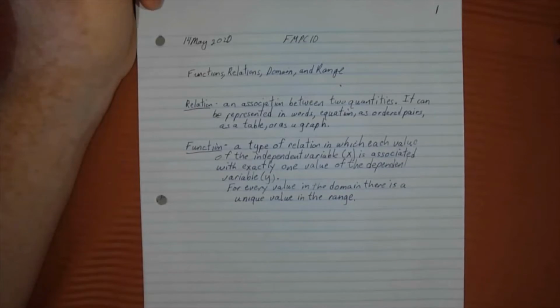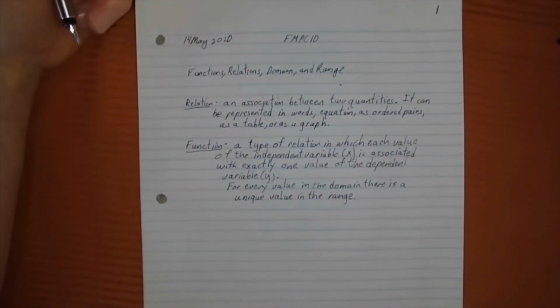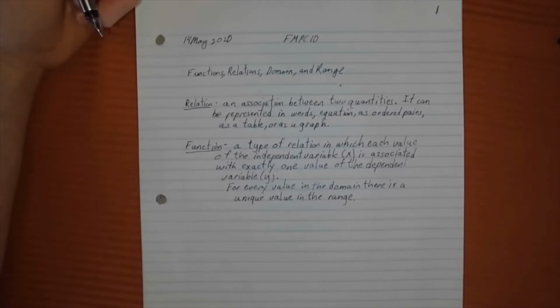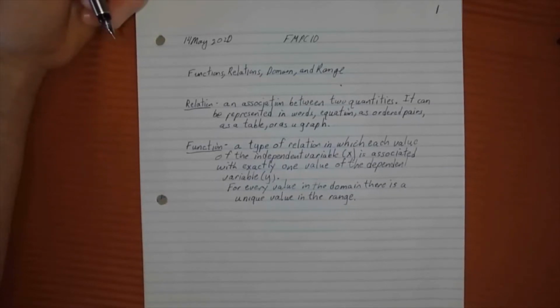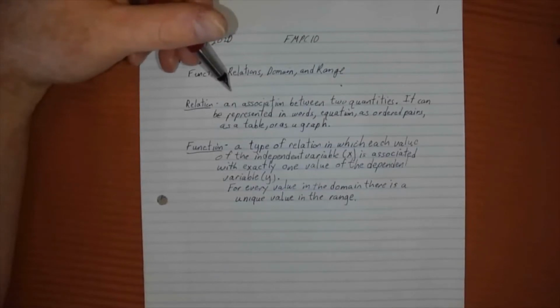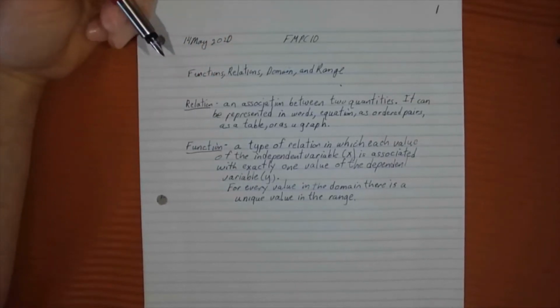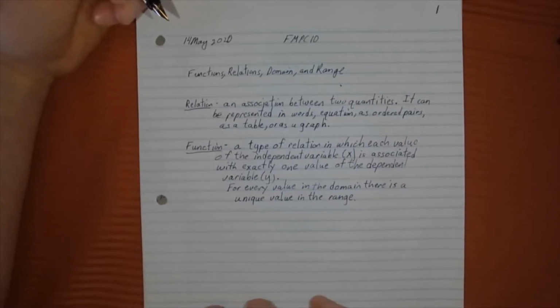And this brings us to relations, or associations between two quantities. This could be prices versus number of items you get. This could be goals scored versus number of shots taken. Any type of relationship. Now, a function is a specific type, like I said, where every x value has one y value. And I will go ahead and define domain and range. That's mostly what we're going to talk about the rest of this lesson.